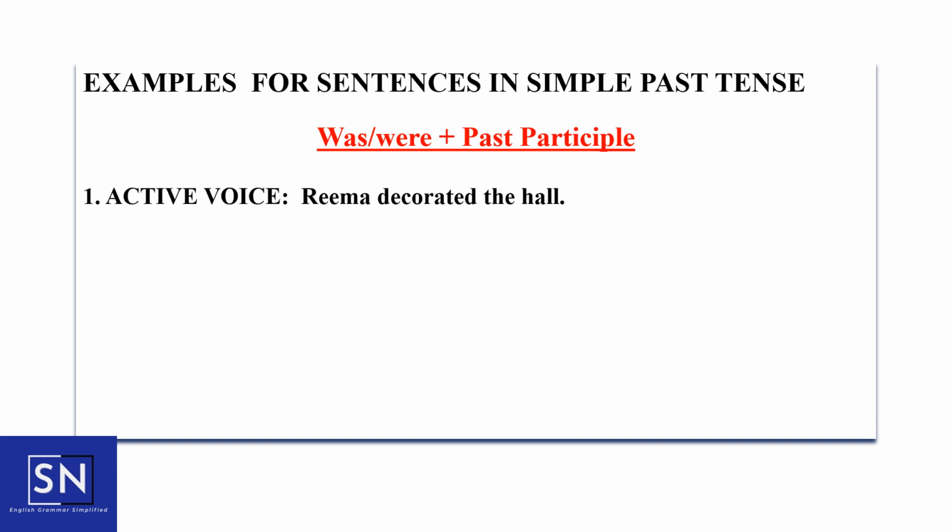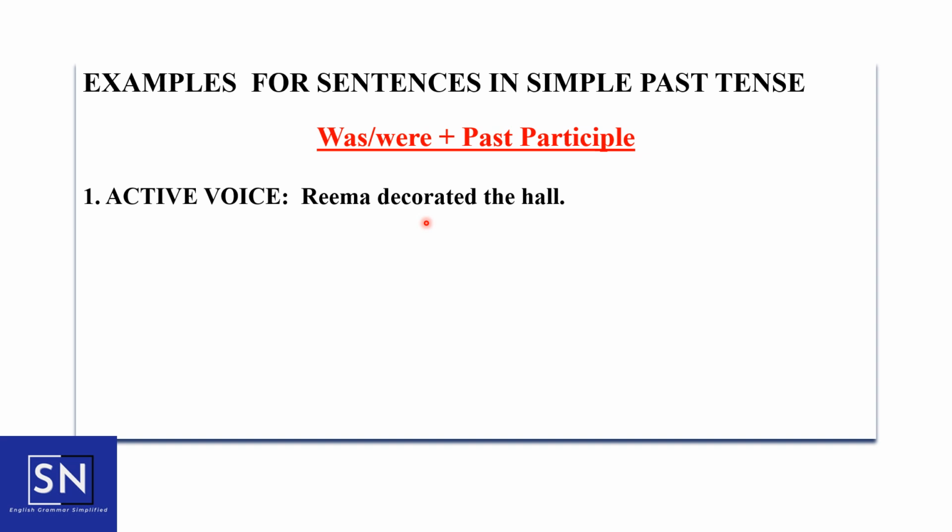Rima decorated the hall. So here, let me know what is the subject. Subject is Rima. Object, the hall. Decorated is verb. So decorated is in which tense, friends? Yes, it is in past tense.